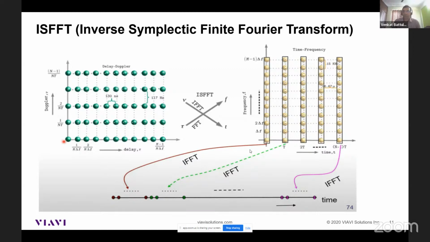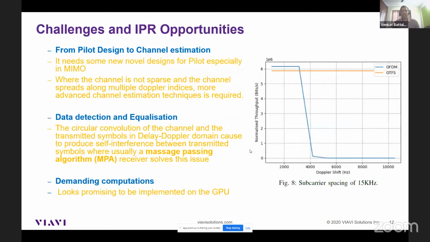So you can see the time domain, the frequency-time domain, and then you get into the delay-Doppler domain, which is a new domain. None of the technologies, 5G, 4G, or even the other wireless standards, have adopted the delay-Doppler domain yet. But if they do, it's a classical way of dealing with channel impairments. What are the challenges?